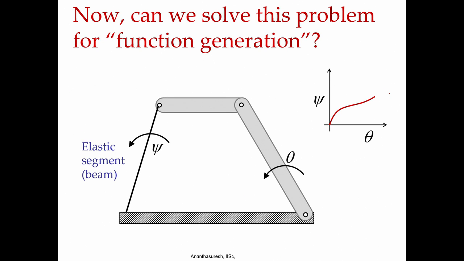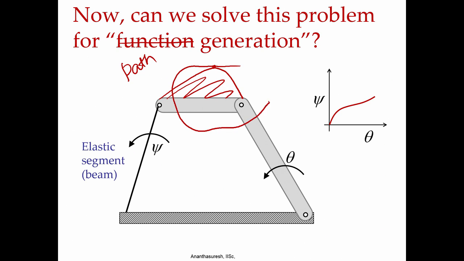Or instead of just the function, we can also do path generation, meaning if I extend this body a little bit, I can choose a point, and that point is going to trace a path, what we call a coupler curve. Now it is not between psi and theta, we can actually generate a path, that is also possible.